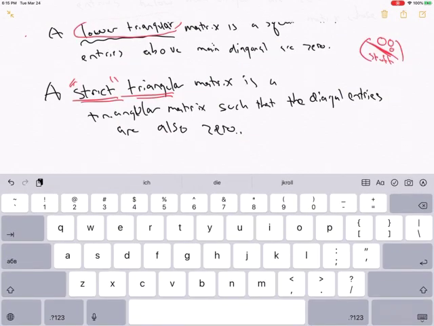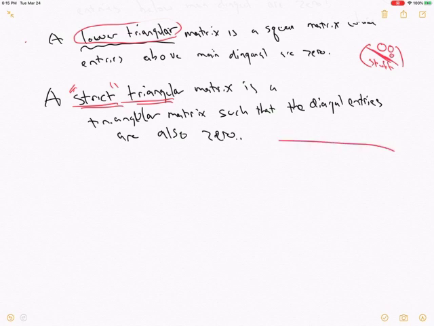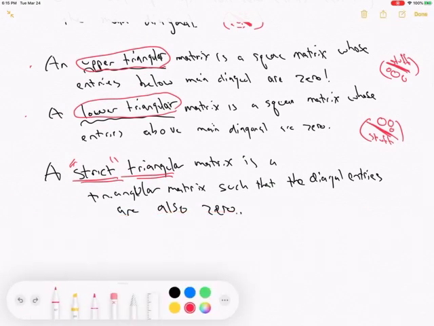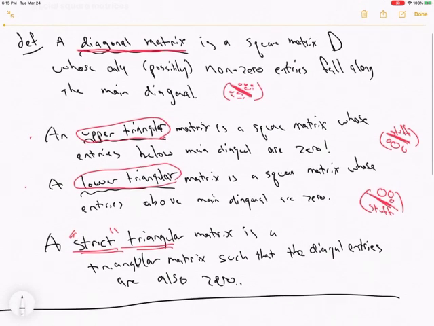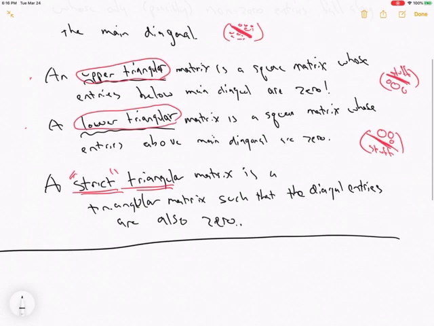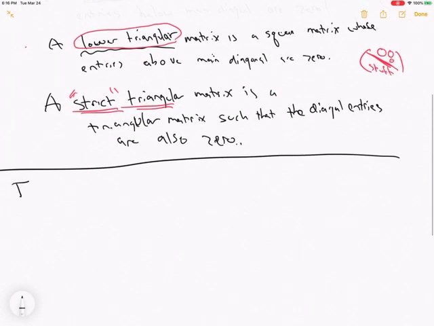So let's just do a few examples. Let's just look at the definitions here: diagonal, upper triangular, lower triangular, and strict triangular matrices.